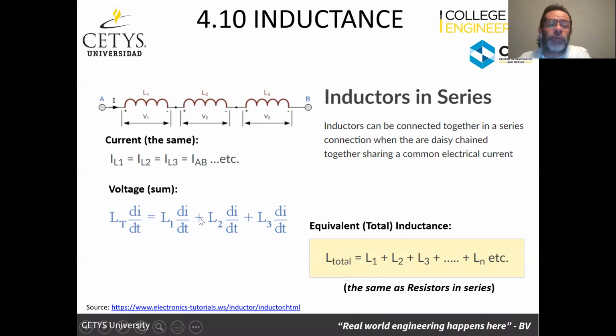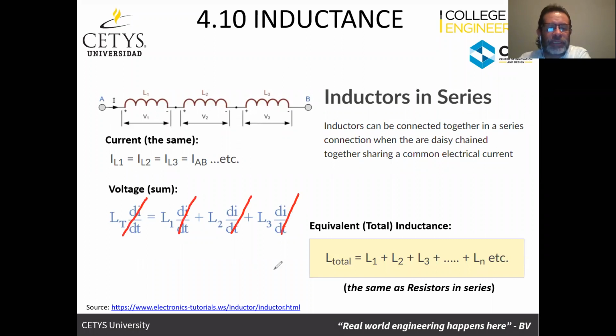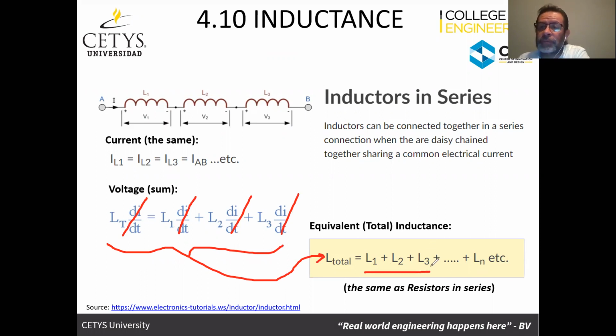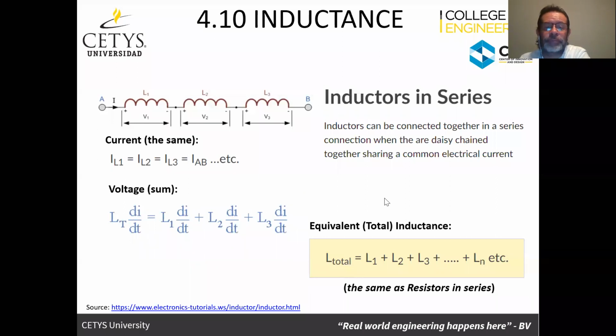If I add all of the voltages, I have a total voltage, which is the voltage that I'm providing the whole circuit. In this expression, the current terms can be eliminated because the current is the same, and I'm left with this expression. So the total inductance of inductors connected in series is simply the sum of the inductances. Exactly the same as a resistor. Remember that. Inductors behave exactly the same way as resistors with regards to series and parallel.